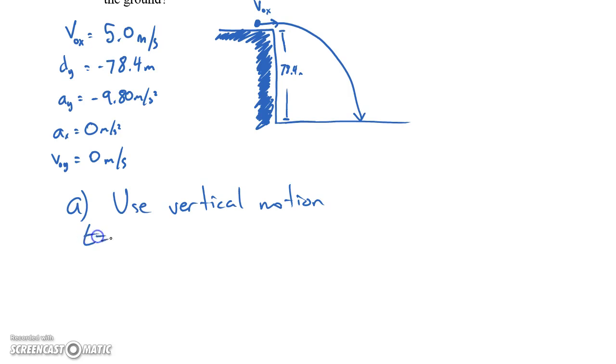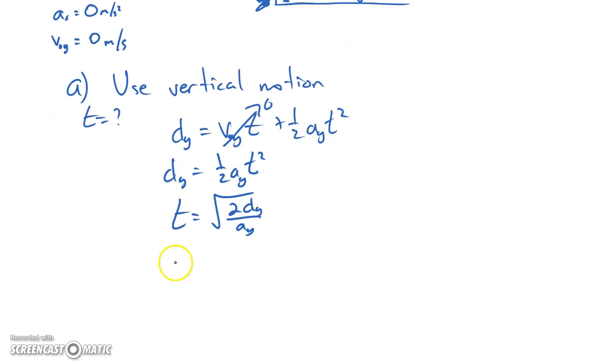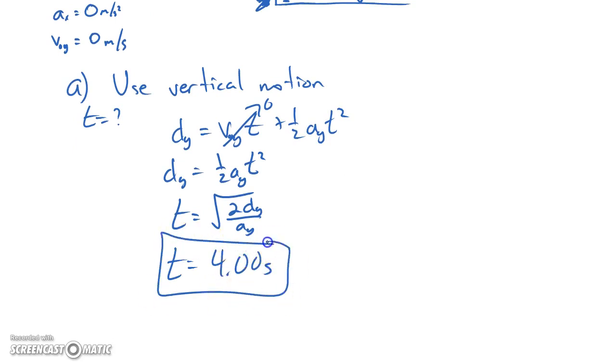We're looking for time, and we've got all that information, so we're going to use the same equation that we did before because it is the same problem. And this cancels out to 0, dy, and then t equals this. Plug the numbers in and you will get exactly 4.00 seconds.